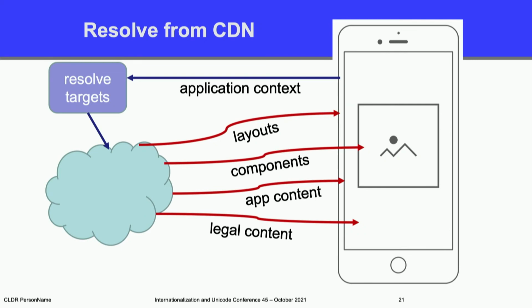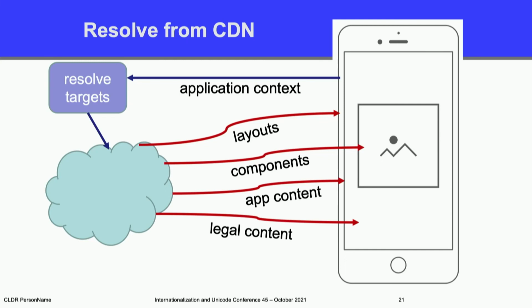So now you have all these different pieces. They're broken into different places where I pull them from, and then your application does the resolution, either in the application, on the server, or in your service, and you're not resolving to one locale, but to multiple targets.